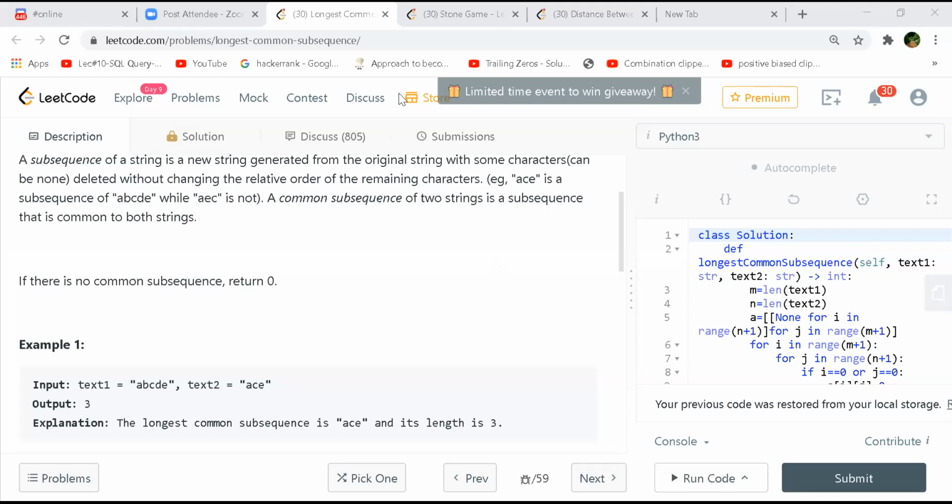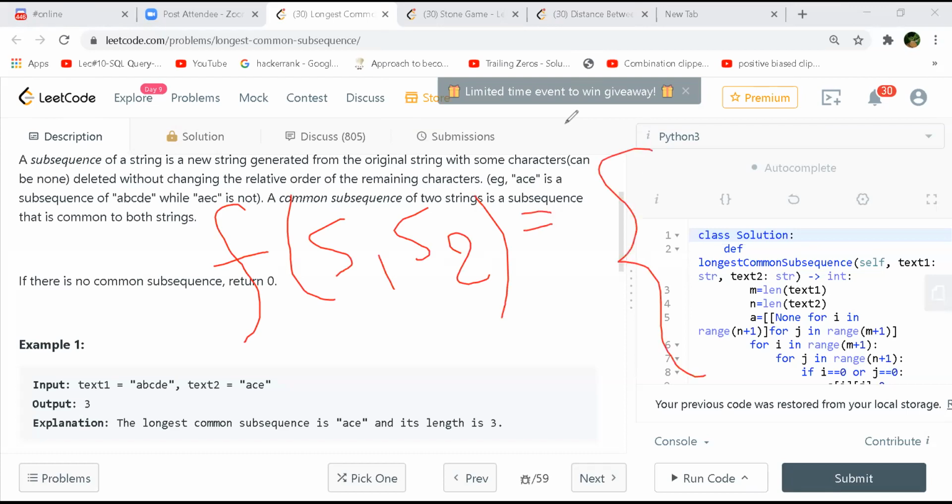Yeah. And the normal recursion: if it is a function of S1, S2, and both the characters are matching, then you will take 1 plus f of S1 minus 1 and S2 minus 1.